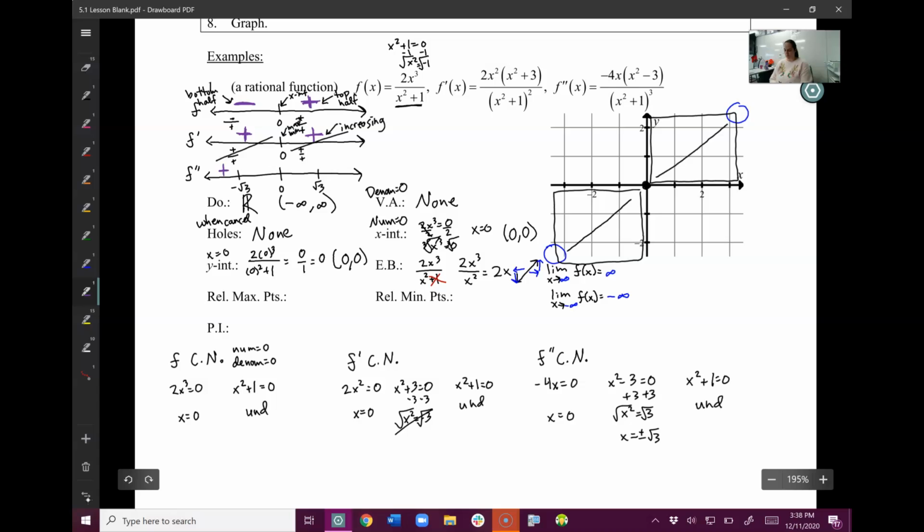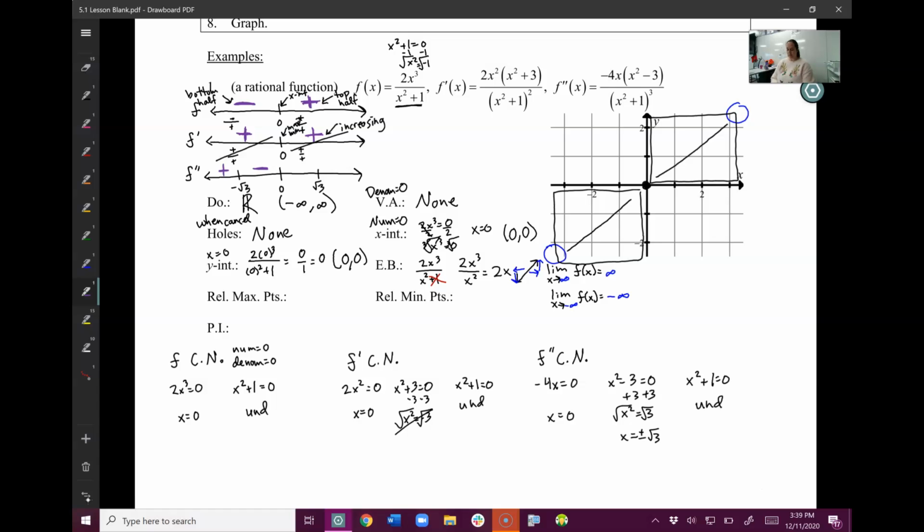This section should be positive. Pick a number from this section, plug it into our second derivative, because that's the line we're on, simplify it, and we should get a negative.